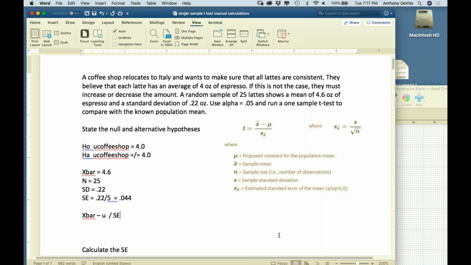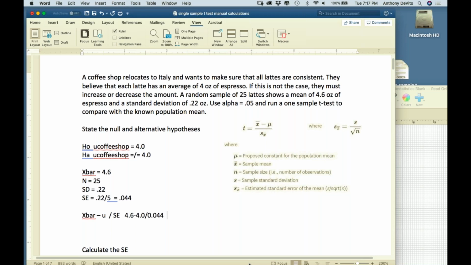Okay, so what is that going to be? X bar is 4.6 minus the mean, 4.0, divided by 0.044.